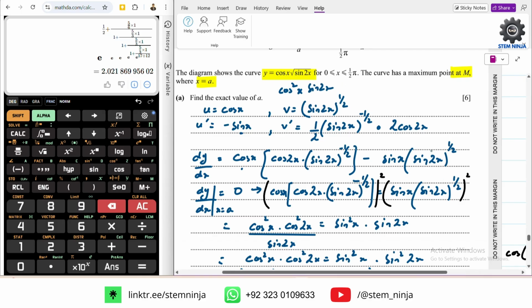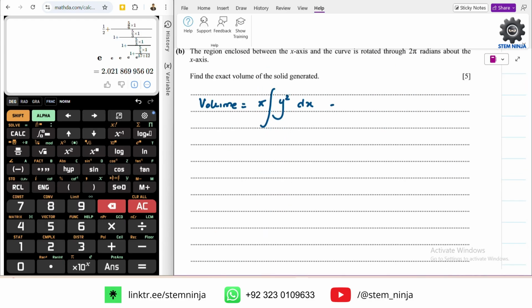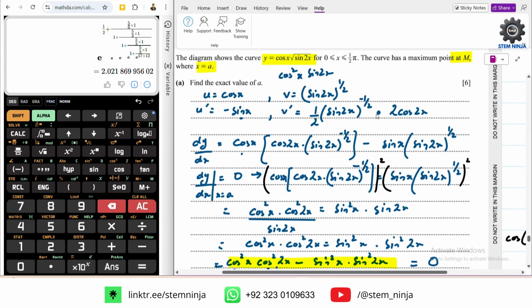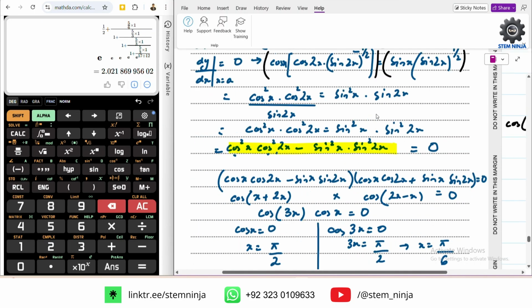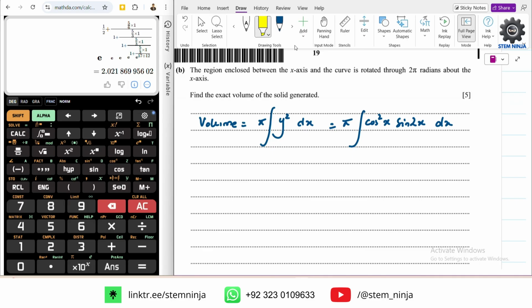So you have pi cos squared x sine 2x dx. Right? Okay. Now, we cannot deal with the powers of x in integration like this. We have to use the double angle identities of cosine.